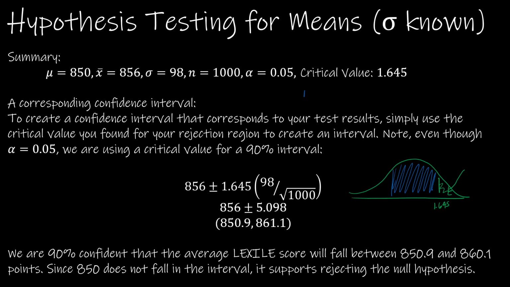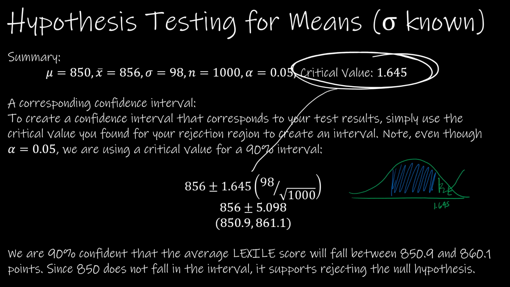So if it's a one-tailed test, which is what we're learning about in this video, then we're always going to take 1 minus 2 alpha to find what percent confidence interval we want. Now, if that gets confusing, here's the really good news. All we're going to do is take whatever critical value we used when we found the rejection region, and use that to find the interval.